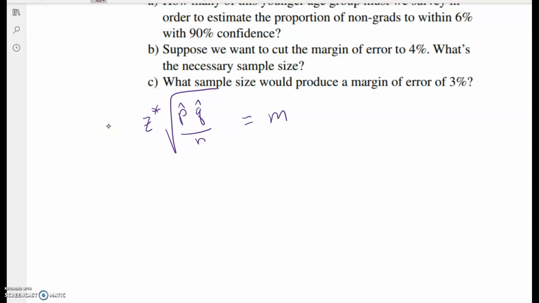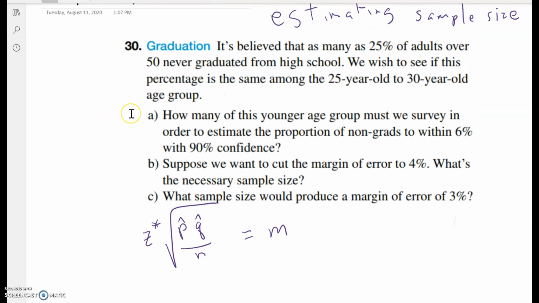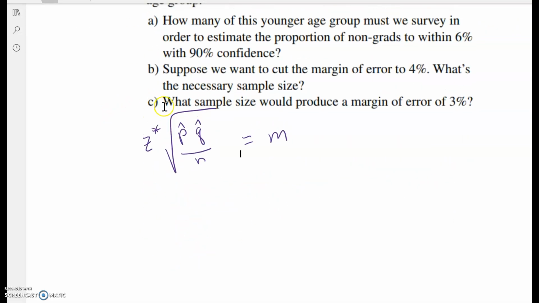So that's the formula you can use to figure out these sample size questions. m is the desired margin of error, and on these questions, that will be given to you.